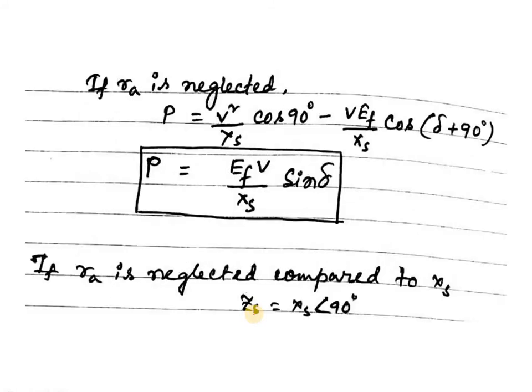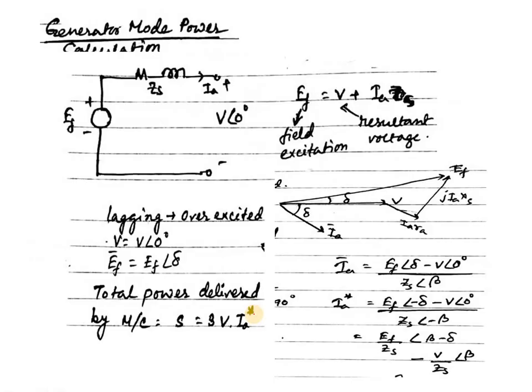So if RA is neglected, then we can write directly that P equals V square by XS cos 90 degree minus V EF by XS cos delta plus 90 degree. So from here we get P equals V EF by XS sin delta. If RA is neglected compared to XS, ZS becomes XS angle 90 degree. That thing we have taken.